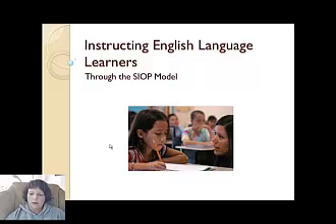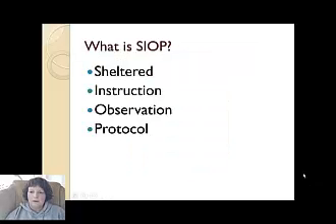SIOP stands for Sheltered Instruction Observation Protocol. That observation protocol is what I just talked about, where the administrators have these 30 features of SIOP, which are 30 best practices, and they go into your classroom and evaluate you on each of those 30 features.